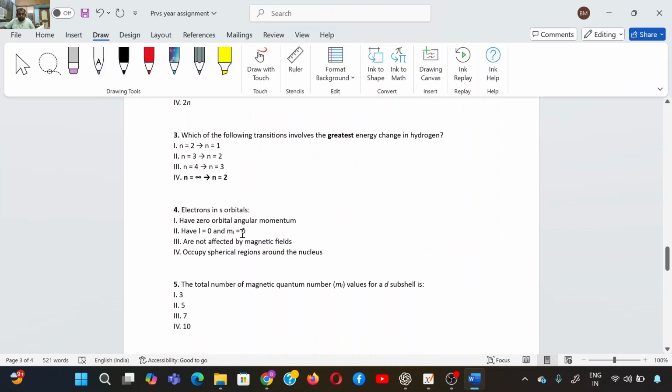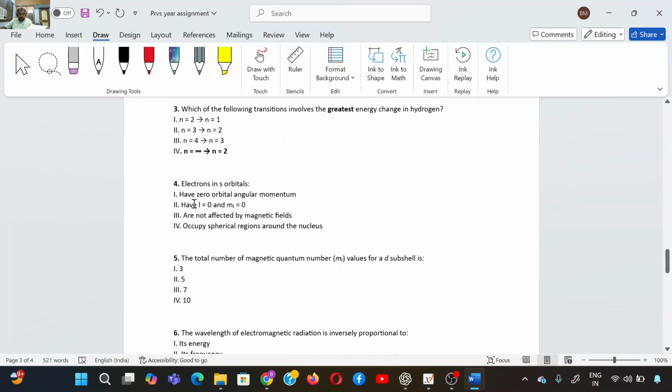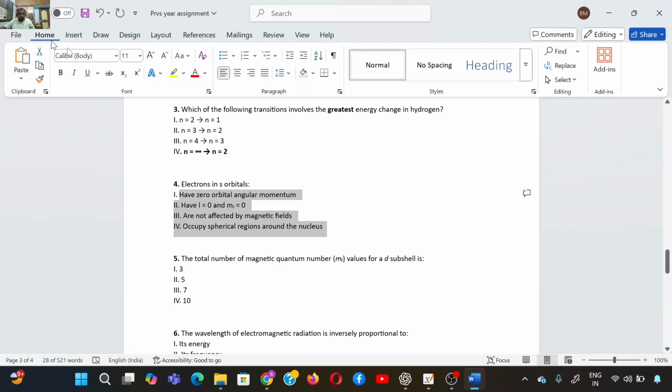Electrons in s orbitals. Four options are given. So what's the correct answer? All of these, right? Why? Because s orbitals means l is equal to 0.